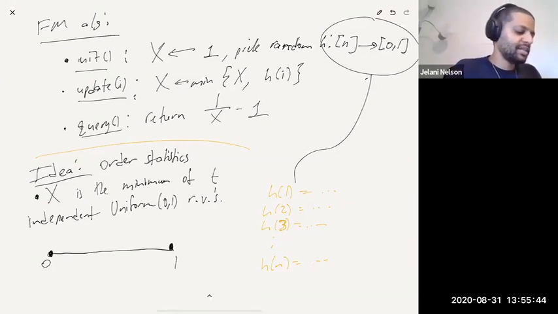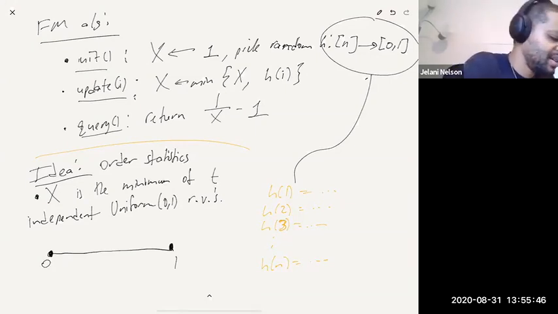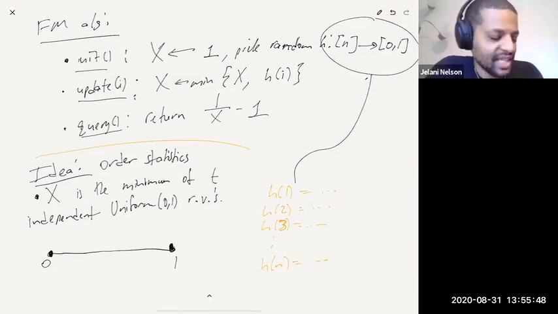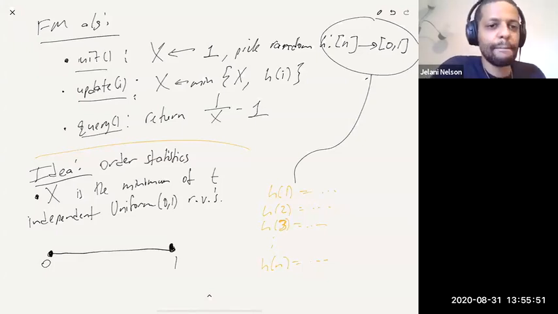Let's just take an easy case. Let's say we only had one distinct number in this stream. Then x is just storing h of 1, where 1 is the only thing that ever appeared in the stream. We know h of 1 is uniform in the interval from 0 to 1. So what do we expect h of 1 to be?